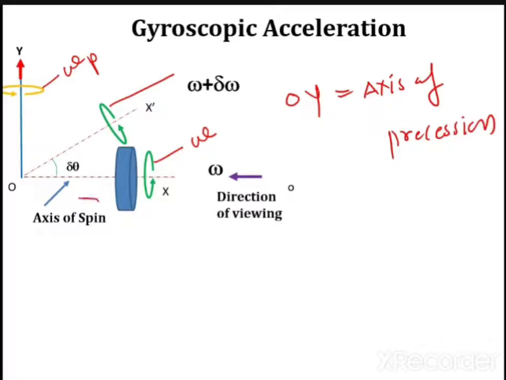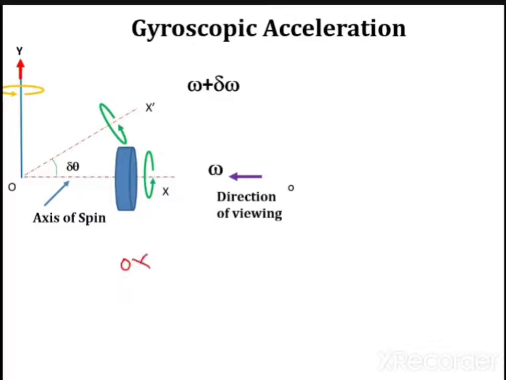First of all, tell me, have you understood this axis of spin? Axis of spin is nothing but the axis OX about which this disc is spinning. Now I want you to understand what is OY. This OY is nothing but the axis of precession. First of all, let us understand this, and then you will be able to understand the rest.